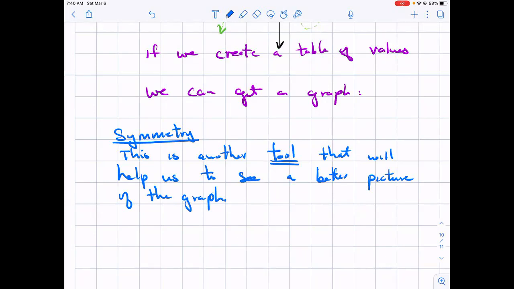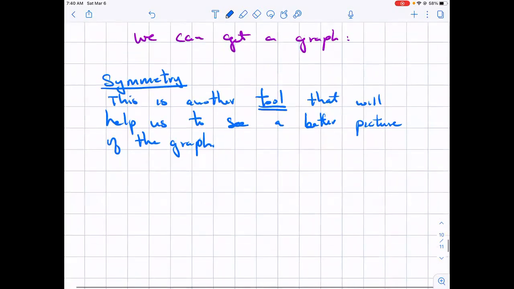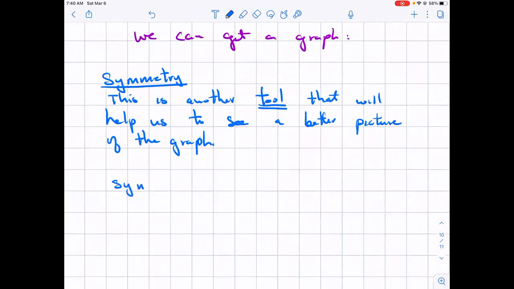Now, when we speak of symmetry, we can have 3 types of symmetry. Okay, 3 types.